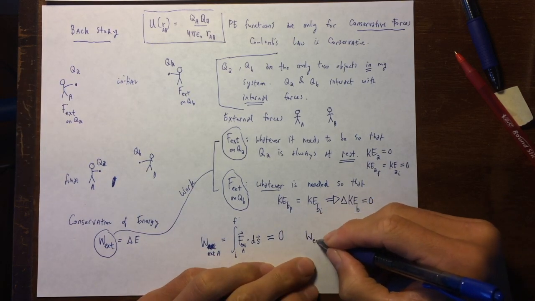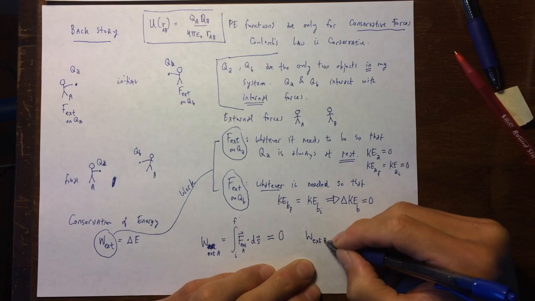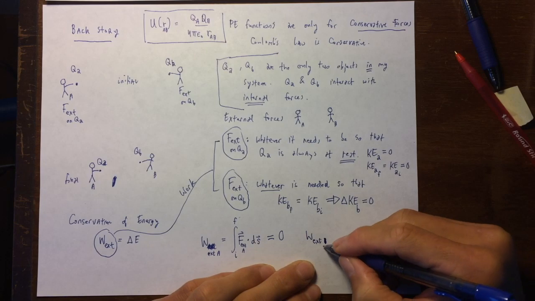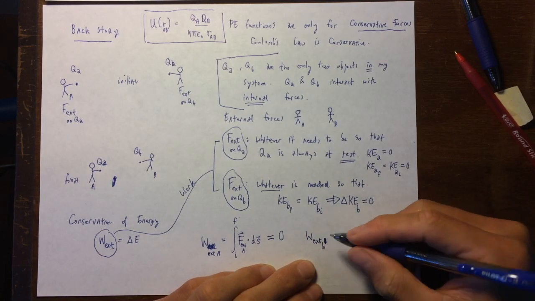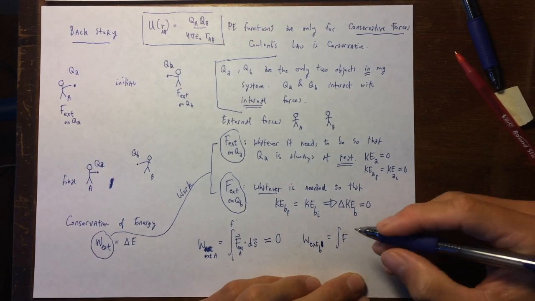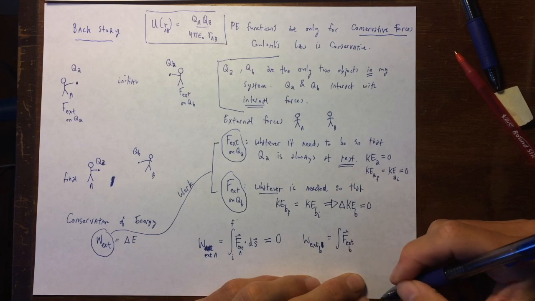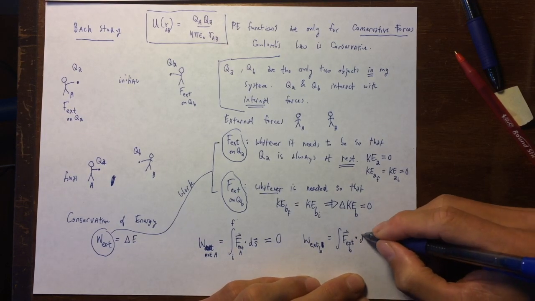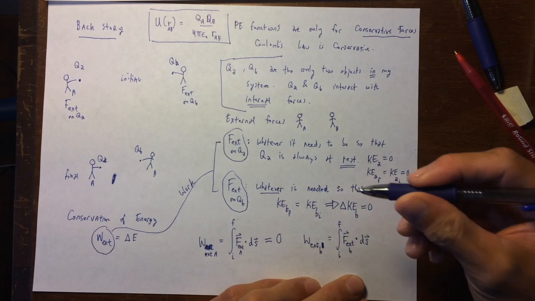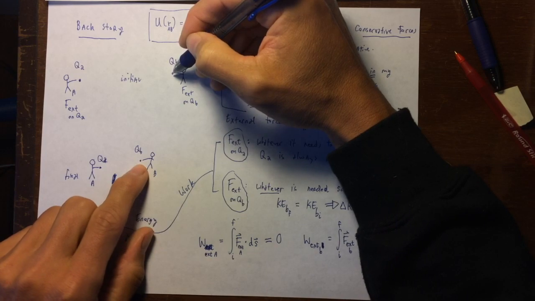But the work done by external agent B, sorry, I'm mixing up uppercase and lowercase, is equal to the integral of the force applied by external agent B over a path that takes the particle B from here to here instead, right?